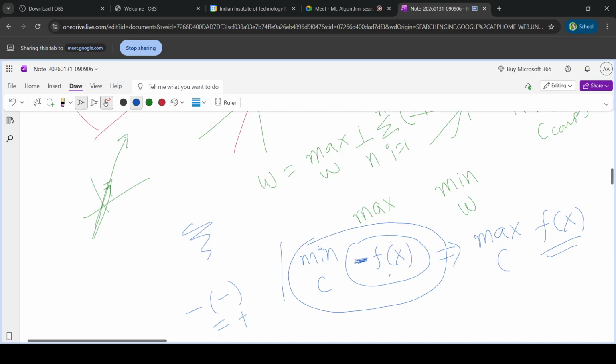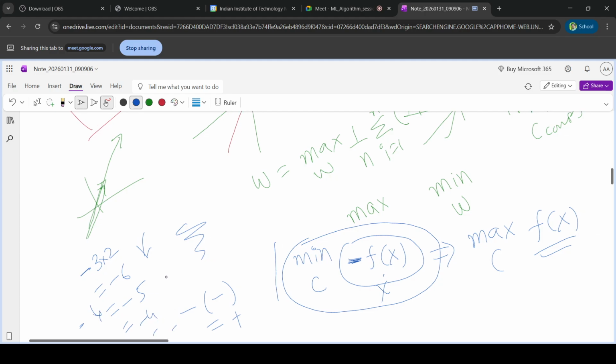If you are minimizing some minus f of x value, or you are minimizing some x into w, or something like minus 3 comma 2, what is that, minus 6, what will it do? Minimizing means, you are not going to minus 7, you are not going deep, you are going to minus 4, minus 3, minus 2, minus 1, 0, which means you are increasing it, you are maximizing it indirectly.